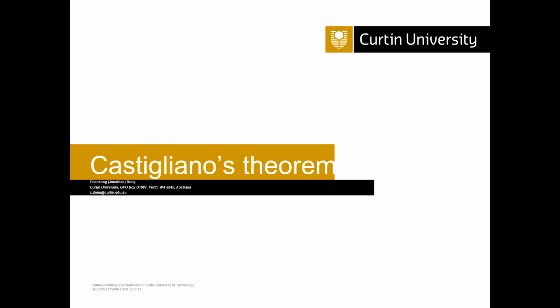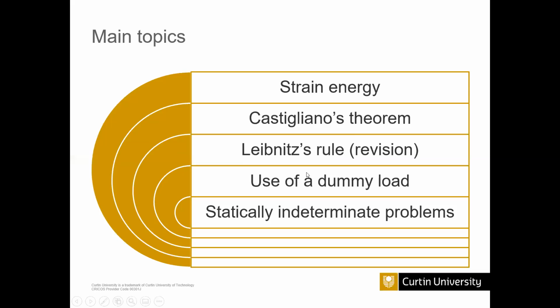In this theory, you will already know how to find the strain energy. Can you tell me what the equation for the strain energy is? Anyone? We discussed it in the very first lecture.